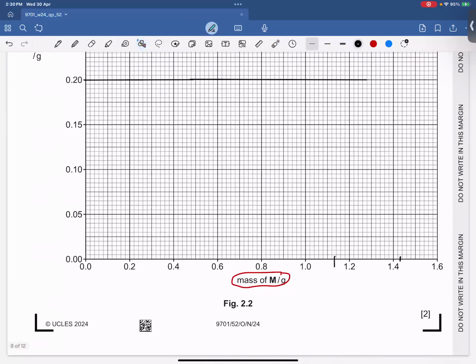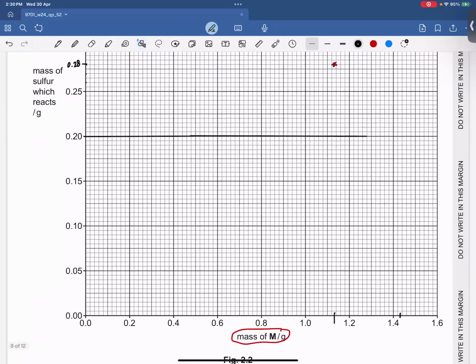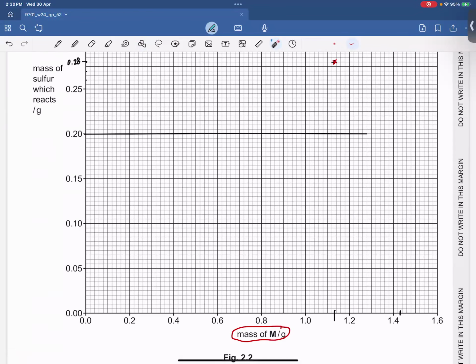This is 0.8, and this is 0.1, 0.9, 0.86, 2, 4, 6, 8, somewhere around here. ये कुछ यहाँ पर बनेगा.